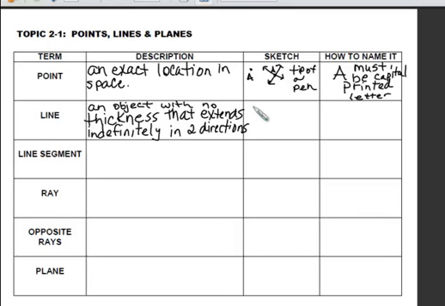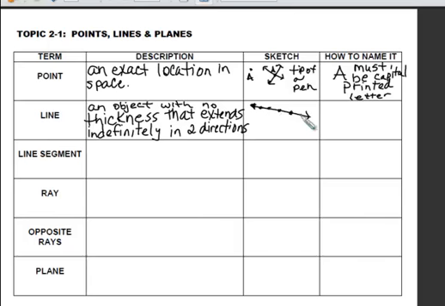And we know that it looks like something straight. Keep in mind, in geometry, there's no such thing as a crooked line. It's always straight. So it's not a line if it's not straight. A line has an infinite number of points because it goes on forever and ever.